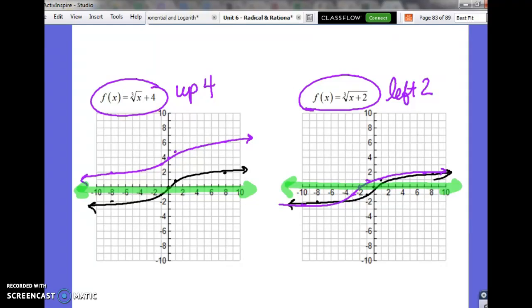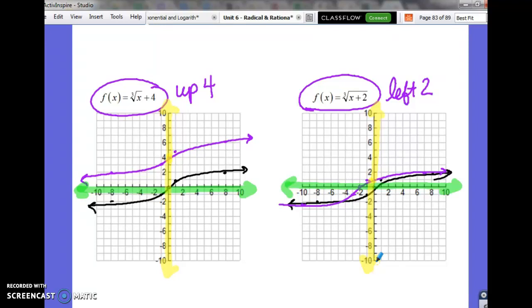When you think about the range, again, the graph is still going up forever and it's still going down forever, although slowly. And the same thing here, still up forever, still down forever, although slowly. So the range will also be all real numbers, or negative infinity to infinity, on those cube root functions.